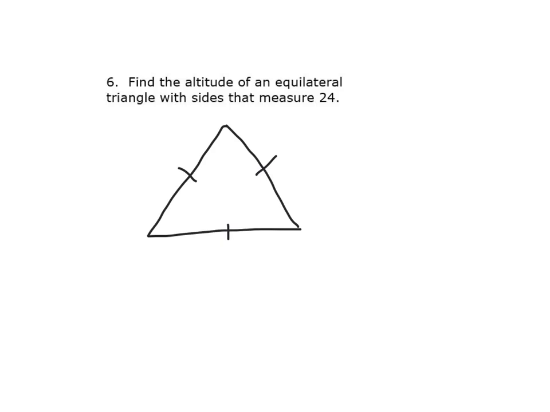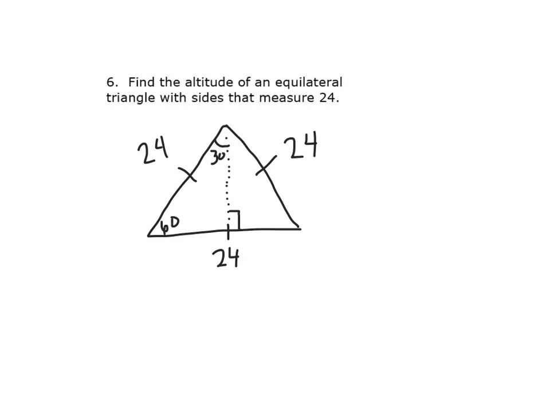On question 6, we're being asked to identify the altitude of an equilateral triangle with sides that measure 24 units each. Okay, so the altitude is going to be like the height, and we always take this at 90 degrees, and because it's an equilateral triangle, it's going to end up going through the vertex, which splits this whole 60-degree angle into 30.